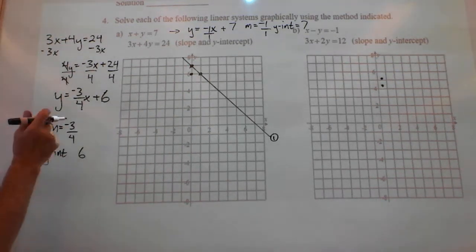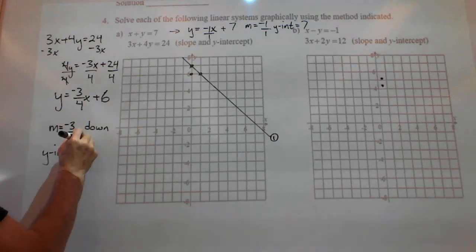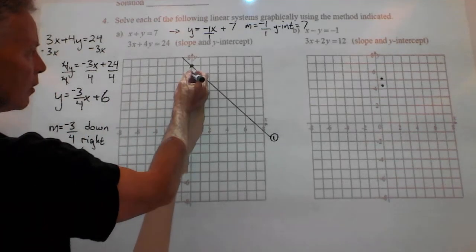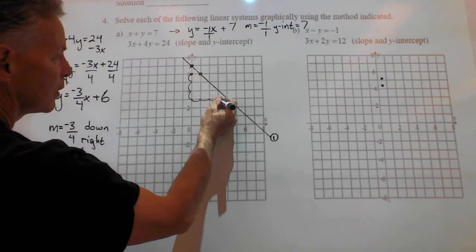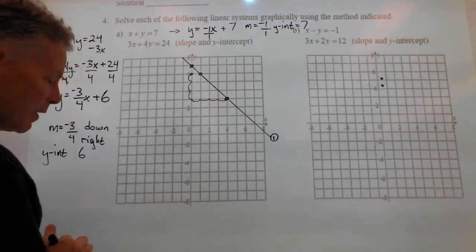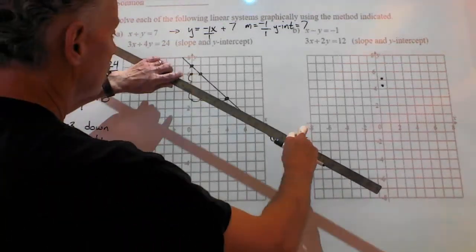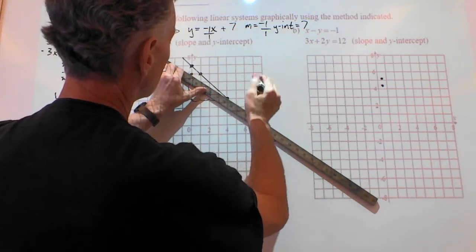And your slope tells you go down 3, right? Negative 3, and right 4. So we're going to do that. We're going to go 1, 2, 3 down, 1, 2, 3, 4 to the right. There's our second point right there. And using our ruler, we can join our points.